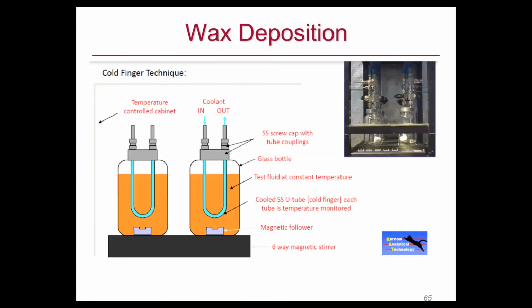The other factor is wax deposition. Now, wax formation increases the viscosity. Wax deposition reduces the pipeline diameter. So here is what is called a cold finger.